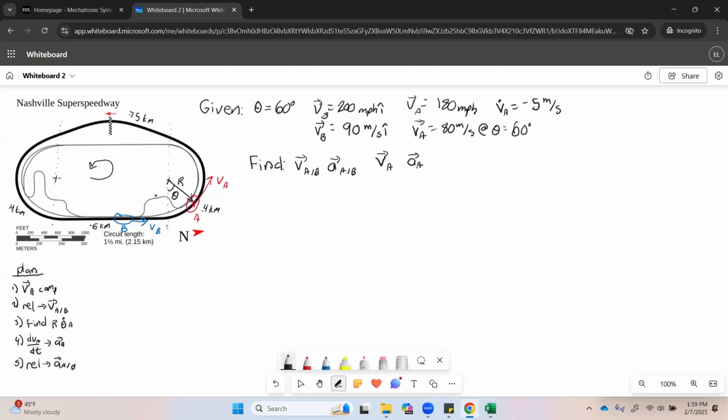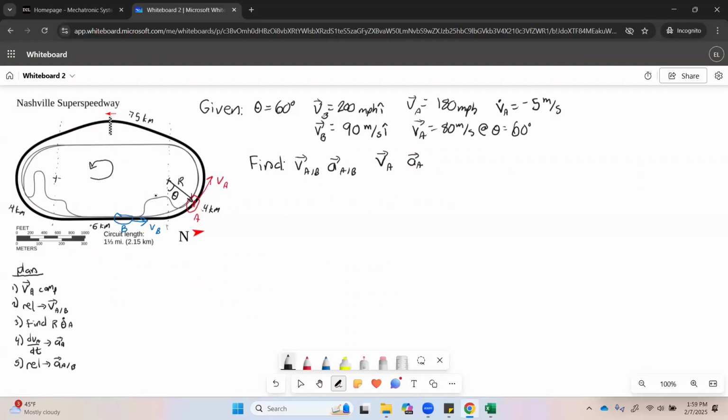Now we'll walk through each step. So step one is find components of VA.